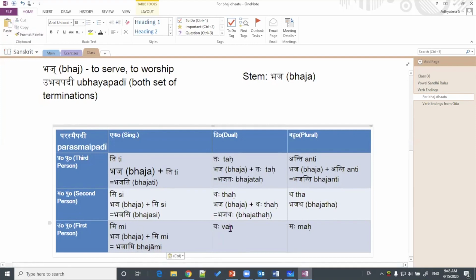Same way here. Bhaja plus vaha, it becomes bhajāvaha.